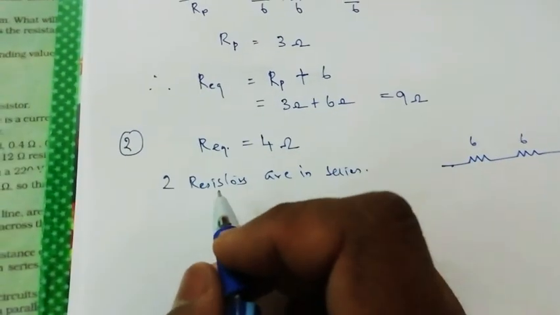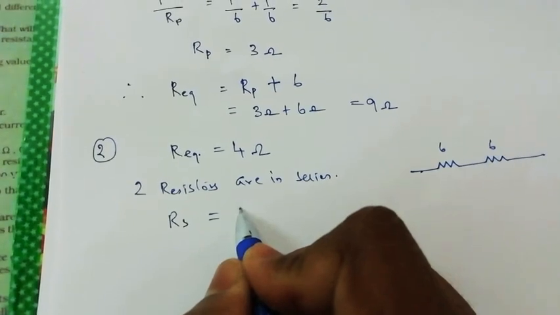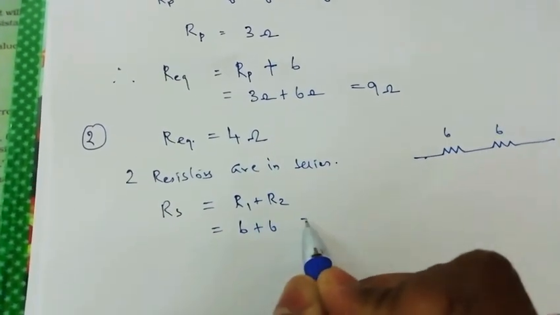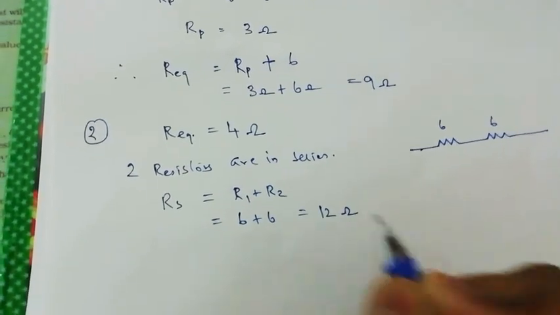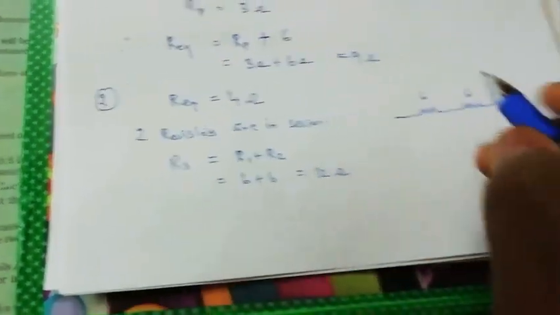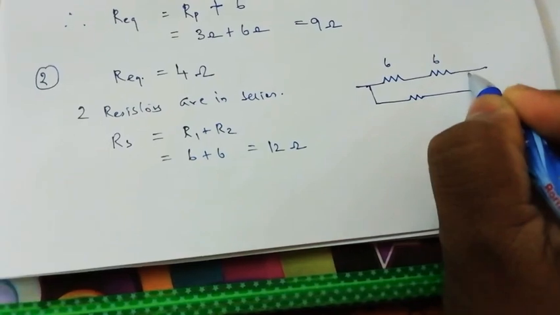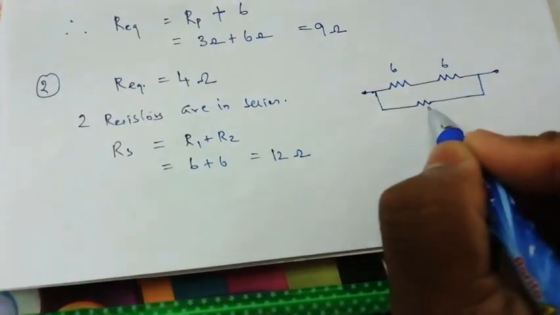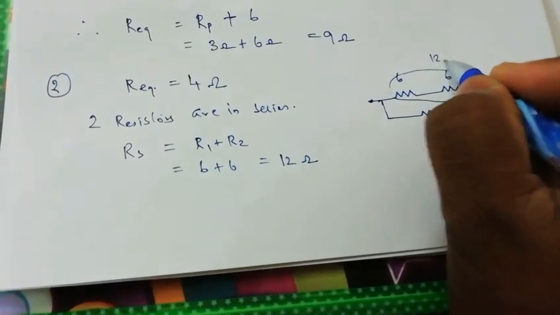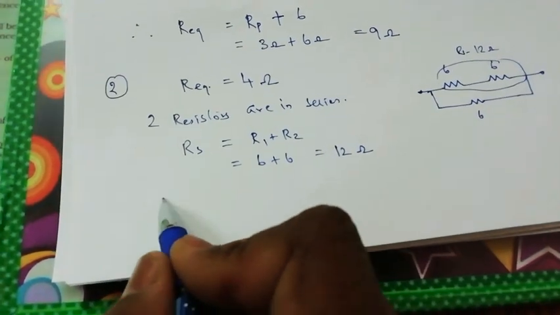If it is series, then we all know Rs is equal to R1 plus R2, that is 6 plus 6, which is equal to 12 ohms, right? And one is connected in parallel. We know already these two are 12 ohms, because they are connected in series.